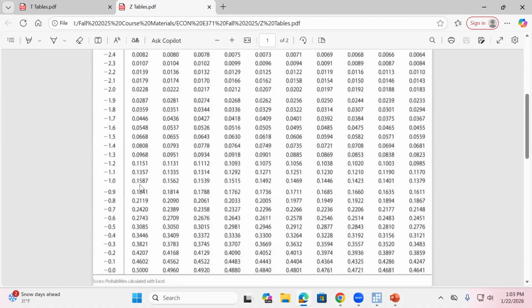The area to the left of that z-score is 0.1587. Now, I could look up the z-score of 1, but I'm not going to do that to show something to you. So we just found the probability of being less than -1 was what? 0.1587. Let's say I didn't give you the other half of that z-score table.